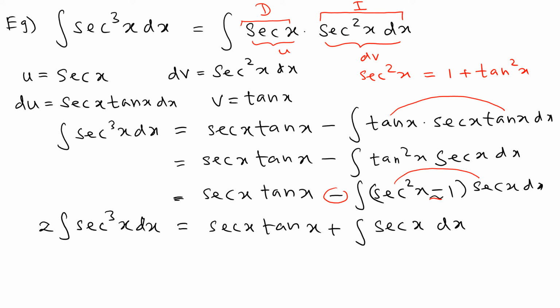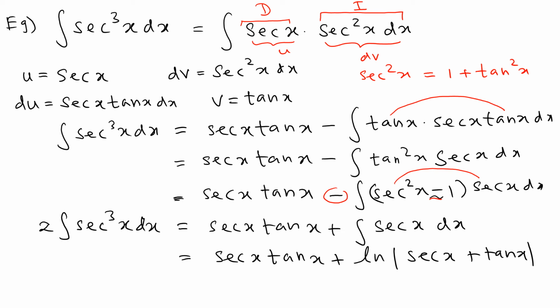We know the integral of secant x from the table, so it's going to be secant x tan x plus, see, the integral of secant is natural log of secant x plus tan x. Then we can divide by 2 now. If you divide by 2, you get the final answer.